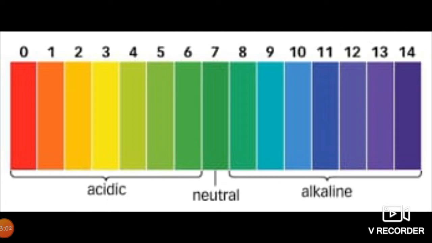Next we studied the next property, the percolation rate of water in soil. The rate at which water drains through the soil is known as percolation rate. Understand? Okay. These are the properties of soil.